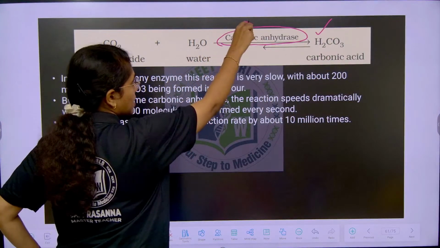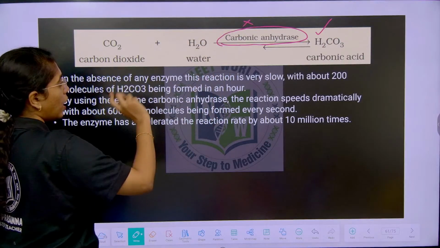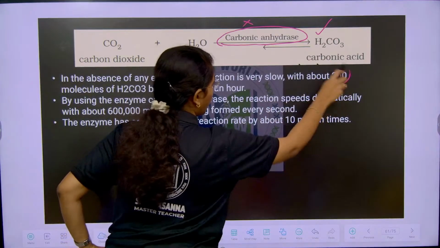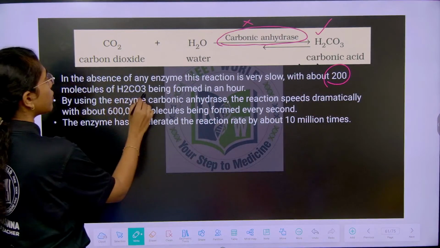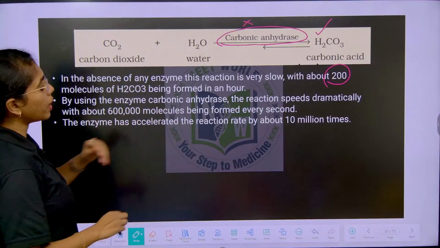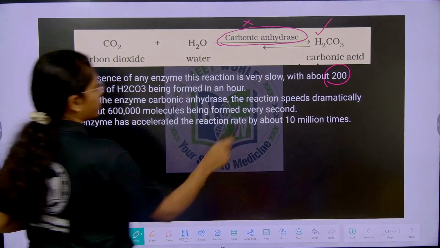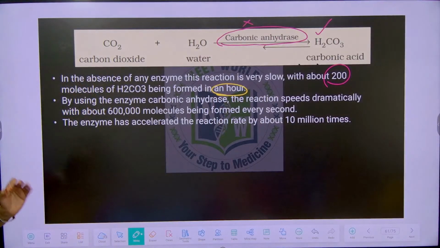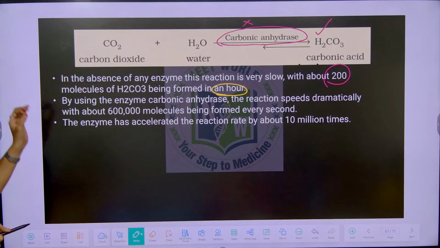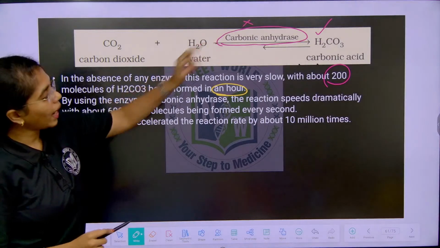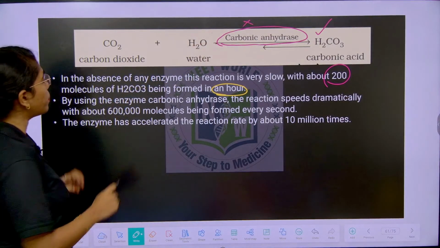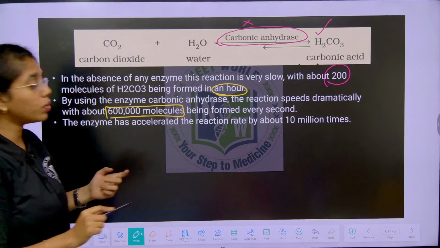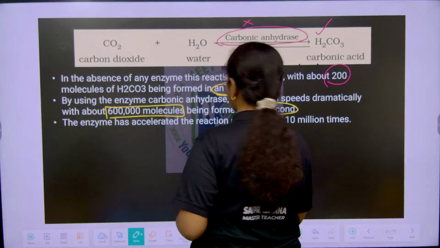Let's say this enzyme is not there, then the product forms with about 200 molecules of H2CO3 being formed in one hour. By using the enzyme carbonic anhydrase, the reaction speeds up dramatically, with about 6 lakh molecules being formed every second.